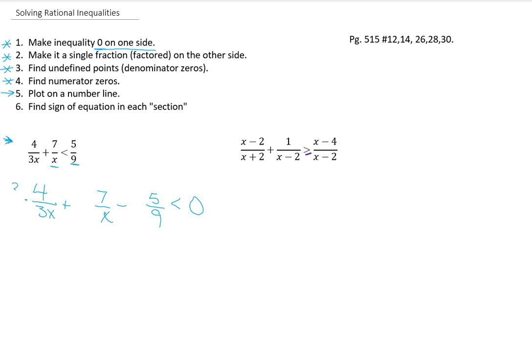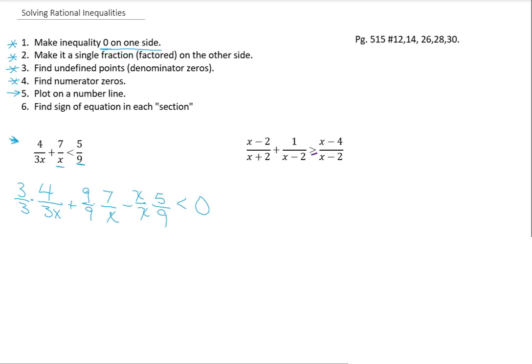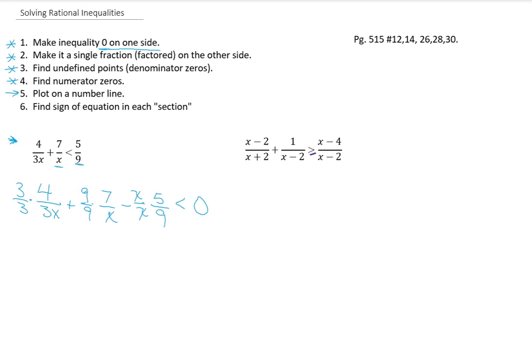I'm going to multiply this one by 3 over 3, this one by 9 over 9, and this one by x over x. So I'm multiplying each fraction by 1. The 1 looks different in each case, but it gives me 9x in every denominator.